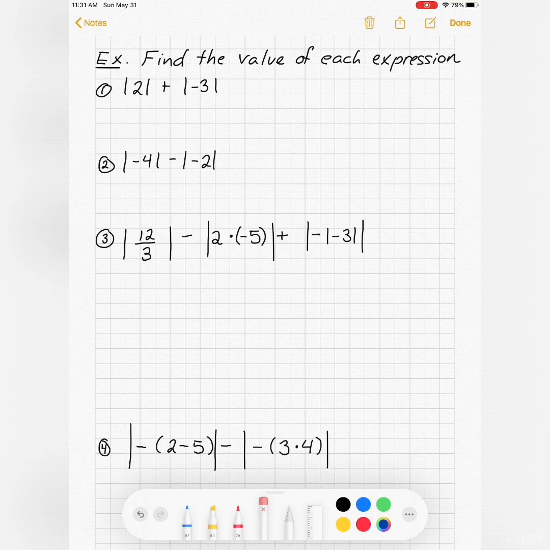Okay, find the value of each expression. This should be pretty easy then, similar to what we've been doing. All right, what's absolute value of 2? It's 2. What's absolute value of negative 3? Positive 3. 2 plus 3 is 5.